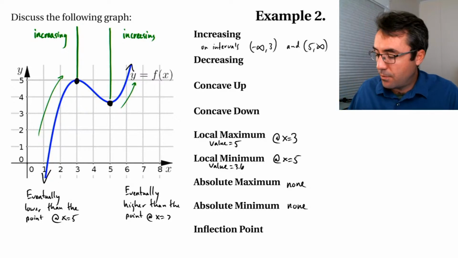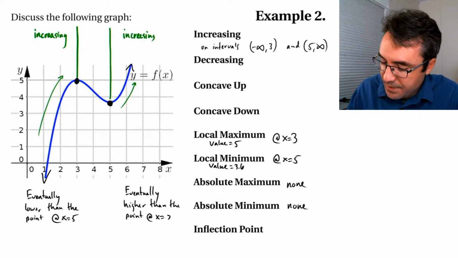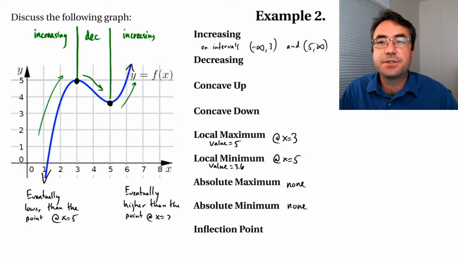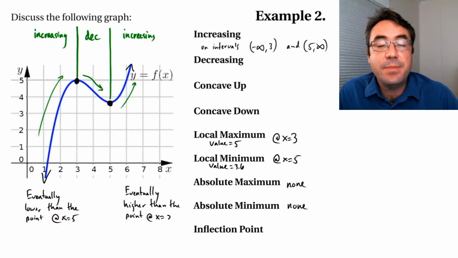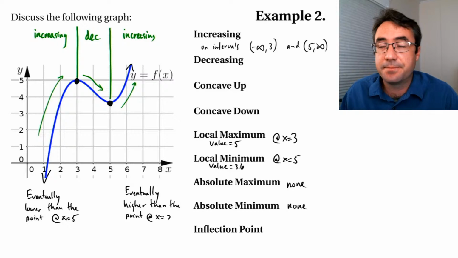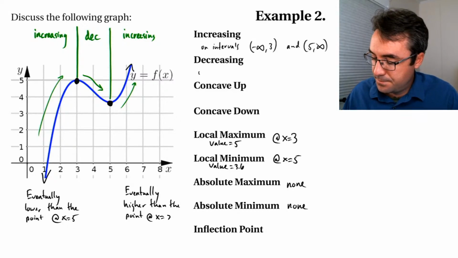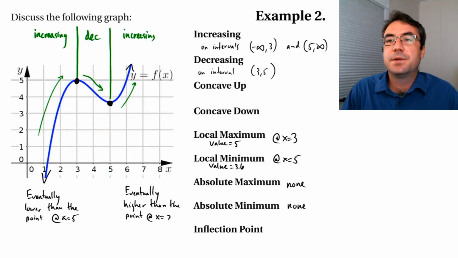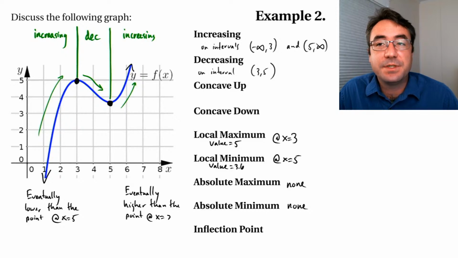And then right in the middle, our graph is going down. So our graph is decreasing on that middle interval. In between 3 and 5, the graph is decreasing. So on the interval from 3 to 5, our graph is decreasing.